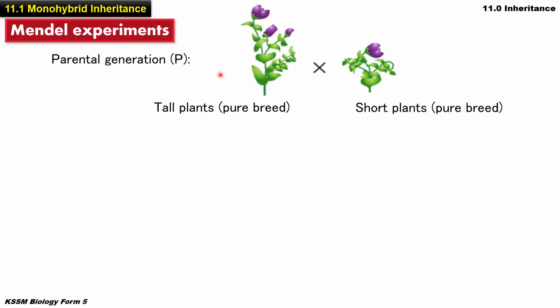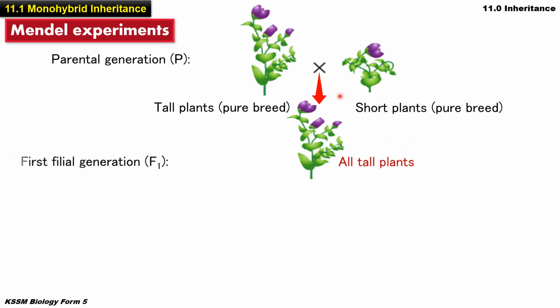Bila tall plant ni cross dengan short plant, tulis arrow sini, dia akan menghasilkan first filial generation, F1, which is anak dia semua all tall plant.